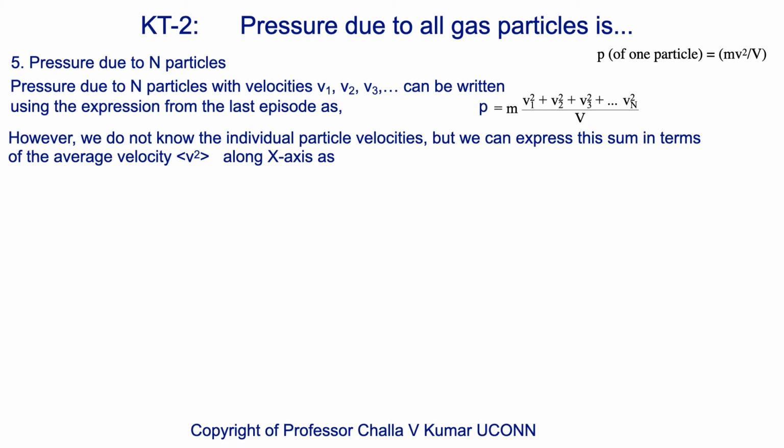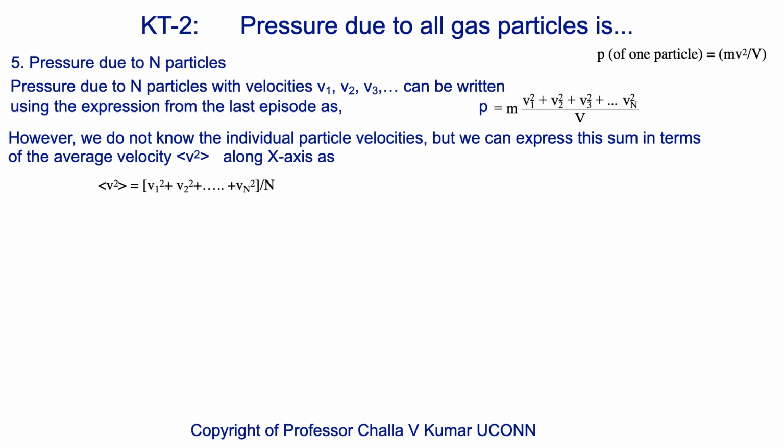So now we can write this sum in a very interesting and simple form in terms of the average velocity. The average squared velocity along the x-axis is given the symbol, in angle brackets, v squared x. That is equal to v1 squared plus v2 squared plus v3 squared plus v4 squared, up to the last term, vn squared, and this sum needs to be divided by the number of particles n.